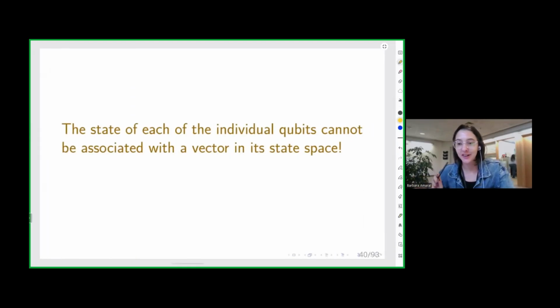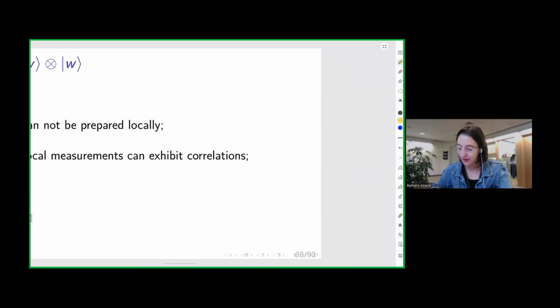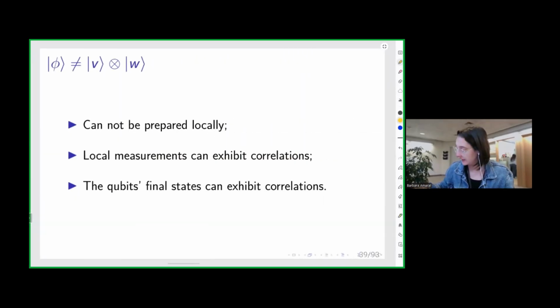Okay. Another important consequence of the entangled state is the following. So if you have a product state, what we have been doing so far in this class, we start with two individual qubits and we want to describe the joint system. Now imagine that you want to do the opposite.